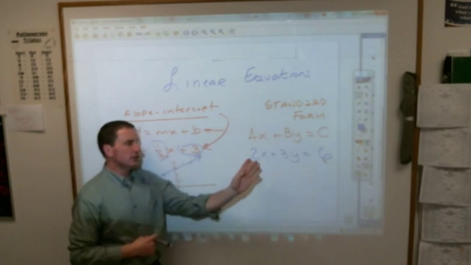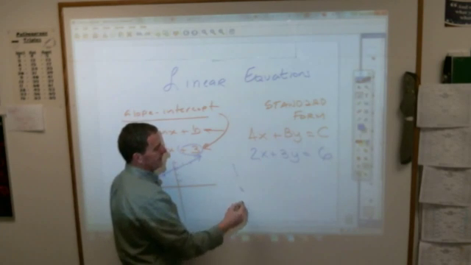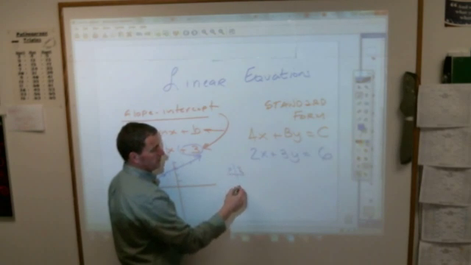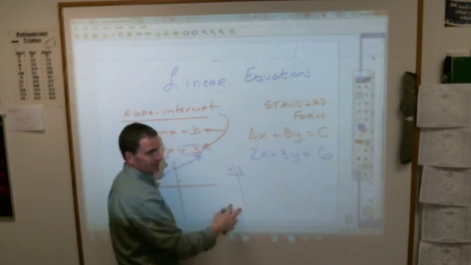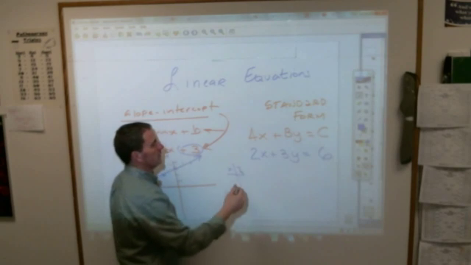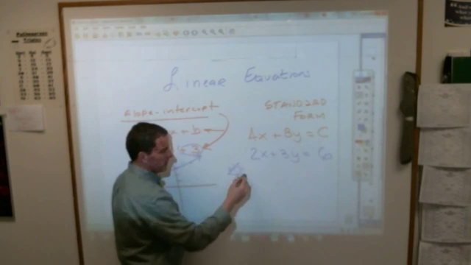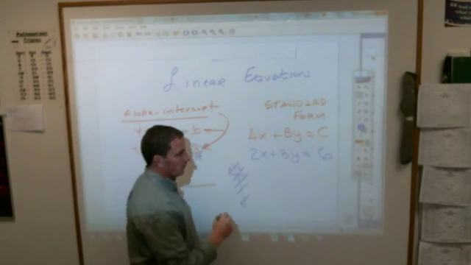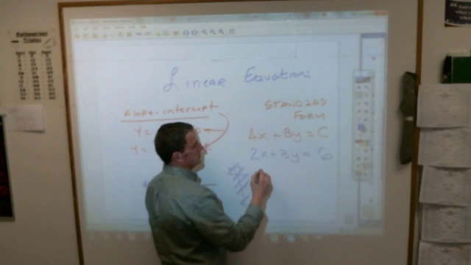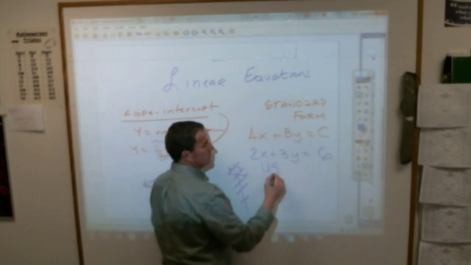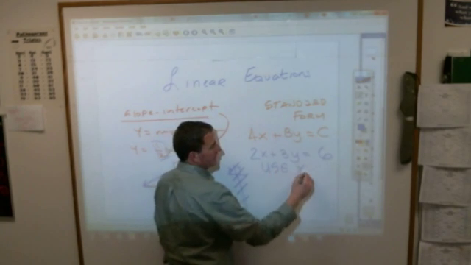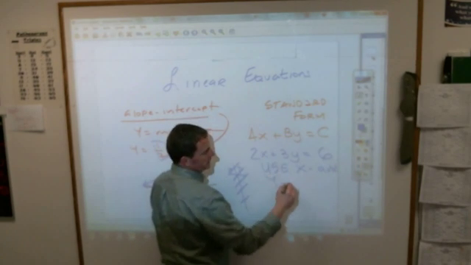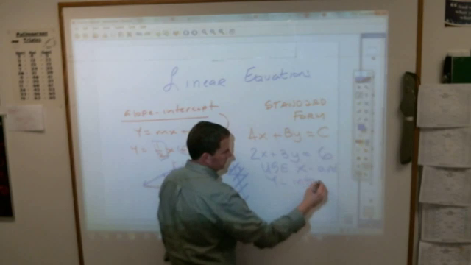I could sit down and make a table, put in x numbers, try to figure out what y is and graph it, but I'm not. When you run across an equation in standard form, you are going to write this down, because you'll hear me say this 1,000 times: you are going to use x and y intercepts.